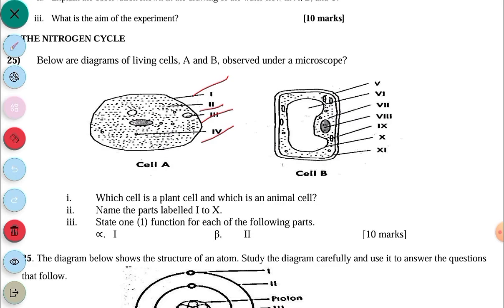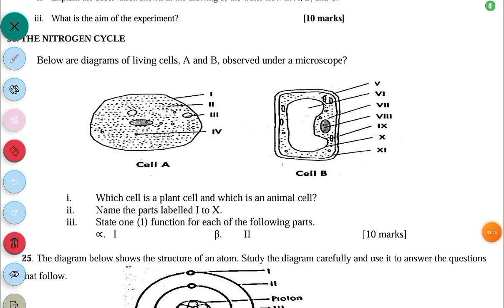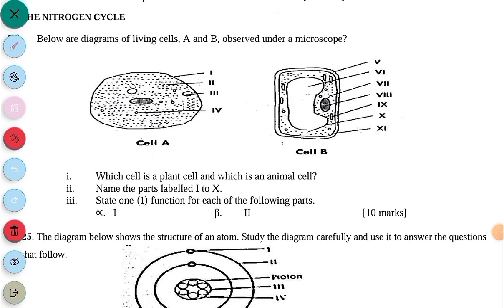It's not very clear as to what it is. So VII is a cell wall, VIII is a vacuole, IX is also the cytoplasm, X is the nucleus, XI. So X is the tonoplast, and then XI is the cell membrane.